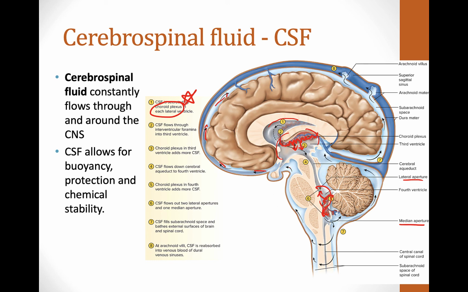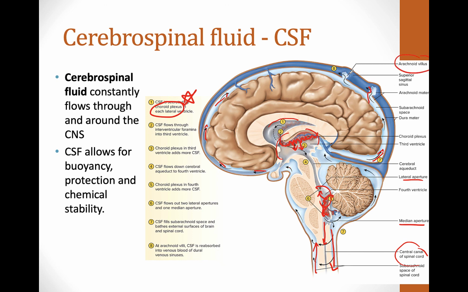And then this ventricle, the fourth ventricle, is actually continuous with the central canal of the spinal cord. And so the same cerebrospinal fluid that starts in the brain actually goes all the way down to the end of the spinal cord and then back up. So it's all connected.